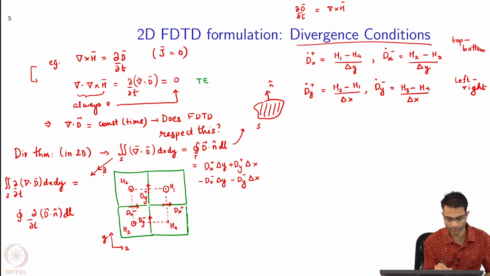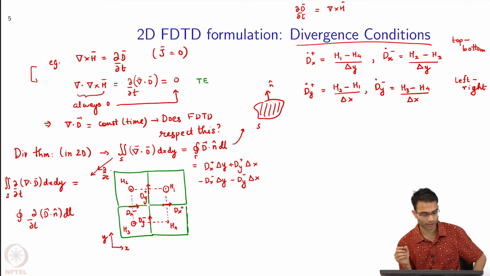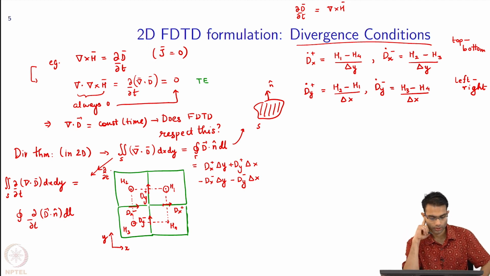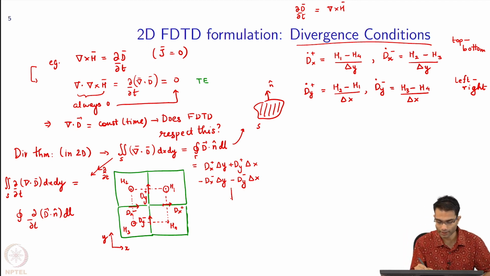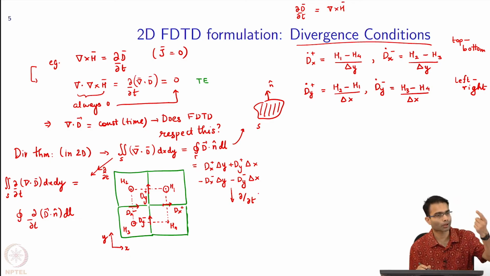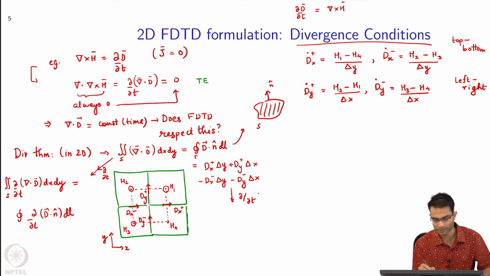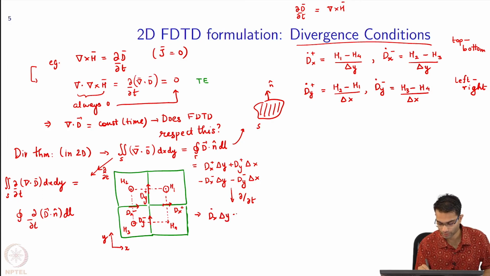I just did a del by del t on both sides. If I take a del by del t over here on both sides, what will happen? The time derivative will come on top of each of these dx's, right? So this will become dx dot delta y plus dy plus delta x. The same expression, just with now time derivatives on it, right?